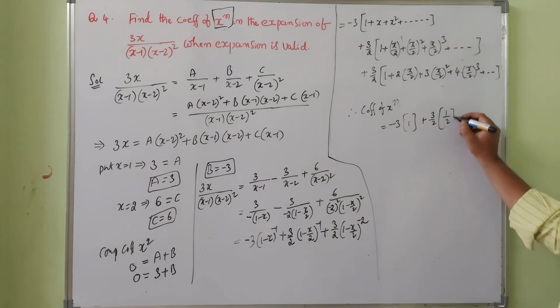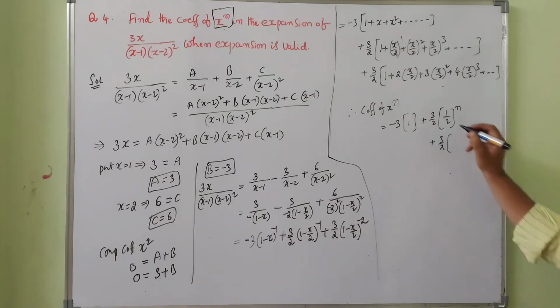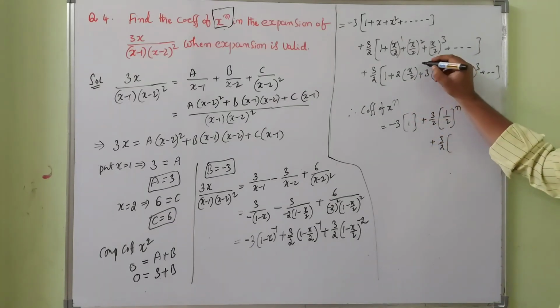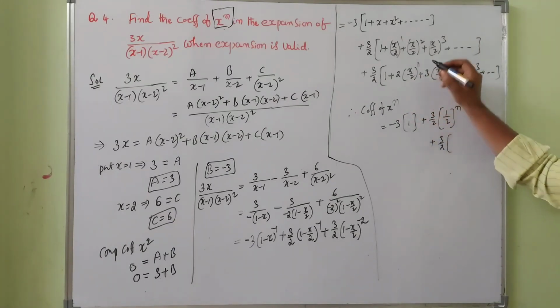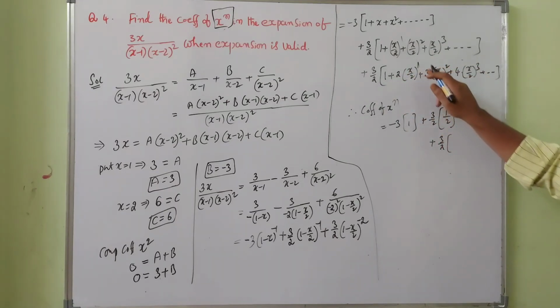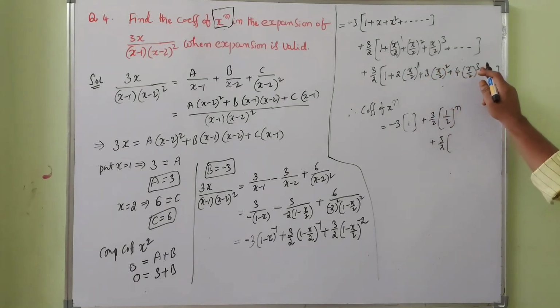X power n coefficient is 1 by 2 power n plus 3 by 2 into, here observe, this is 1, x power 1, x coefficient is 2 into 1 by 2, x square coefficient is 3 into 1 by 2 whole square, x cube coefficient is 4 into 1 by 2 whole cube.